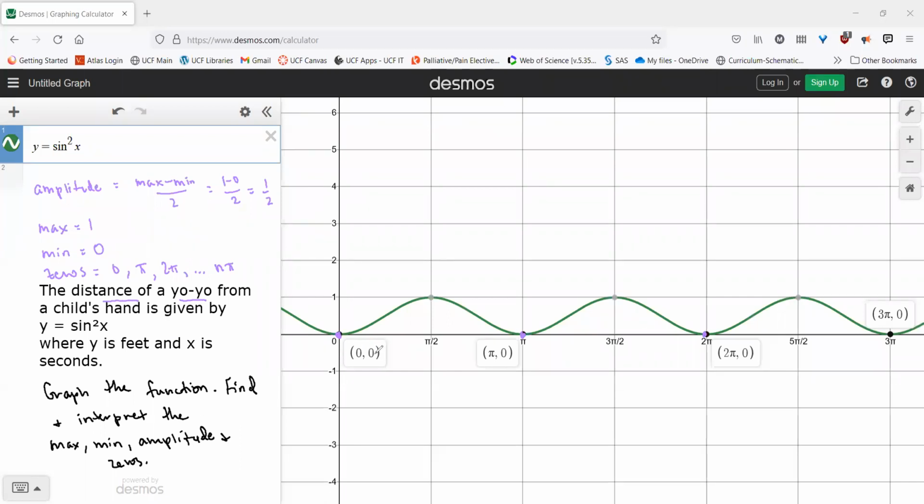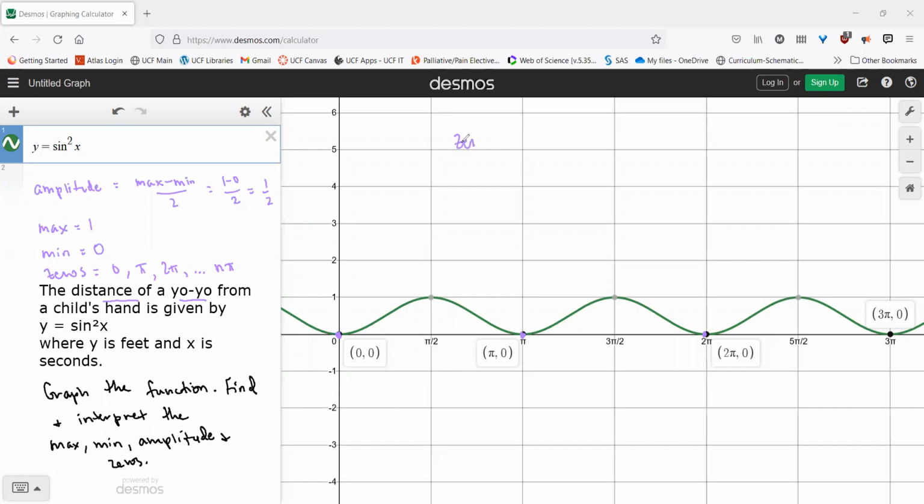At 0, the distance is 0. That makes sense because the yo-yo is in the child's hand. Then they fling it out, and then it comes back again. So at every pi interval, the yo-yo comes back to the child's hand. That's what the zeros mean. The zeros are the time that it takes for the yo-yo to come back each time.